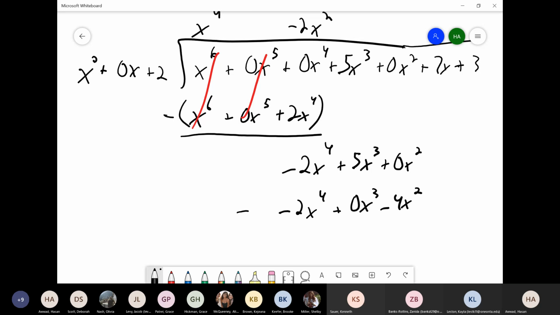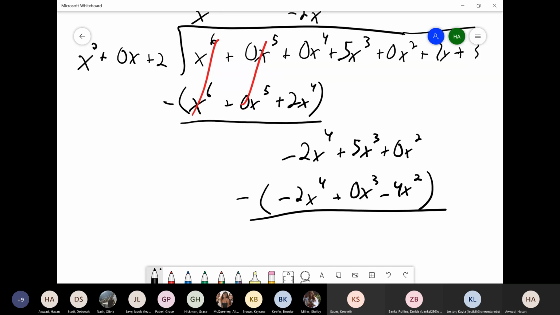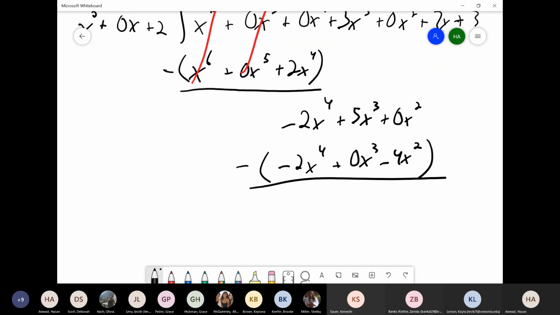And now, again, the caveat is you're always subtracting here with long division, so all of these signs are going to flip. So when you have -2x to the 4th minus a -2x to the 4th, these should cancel, right? It becomes addition now. So these pieces cancel out. Then you have 5x cubed minus 0x to the 3rd. So 5x cubed just drops down.